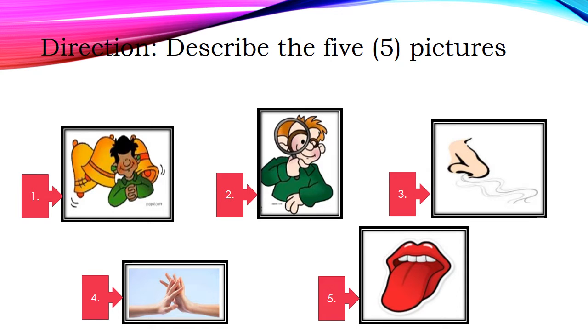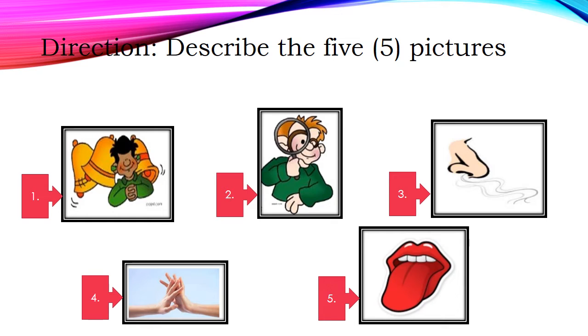Okay, time is up. Let's answer the activity. For number 1, you can see that there is a boy covering his ears so that he can't hear the sound of the bell. For number 2, we can see that the boy is using a magnifying glass so that he can see clearly.